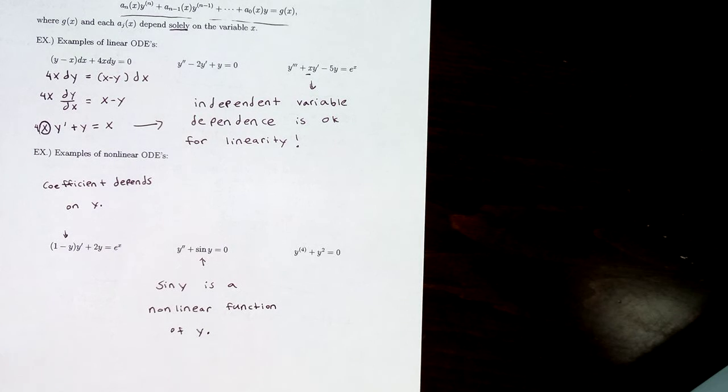And then now we have, this is not a mistake, this would also be a good exam question to trick you on. So you have the fourth derivative of y plus y squared equals 0. And just to emphasize and to repeat, notation is everything here. So y squared is a nonlinear function of y.